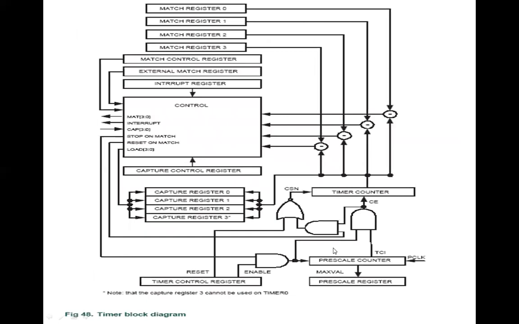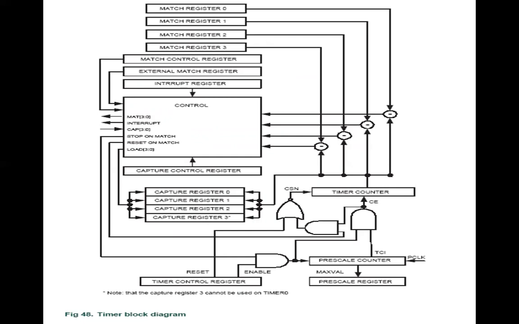This is the internal diagram of the timer and counter. Okay. So this diagram is telling you about the match register, match control register, external match register, interrupt register, control unit of the timer counter, then a capture control register.